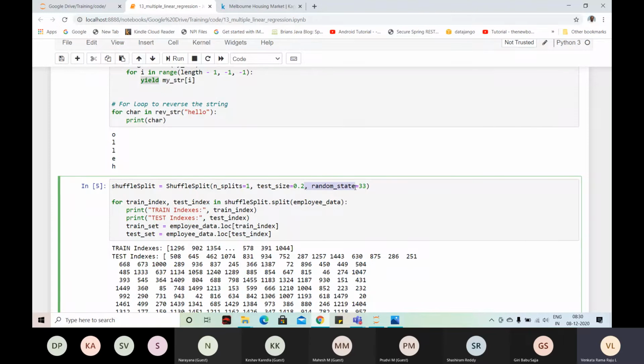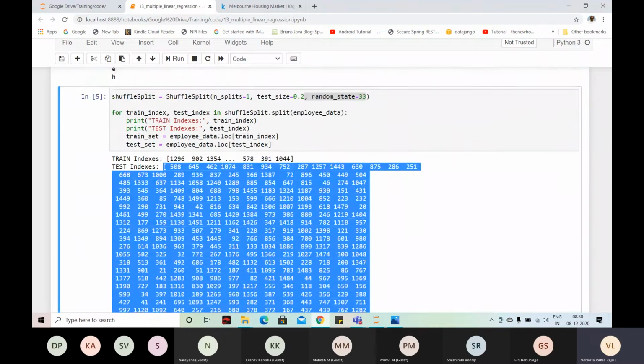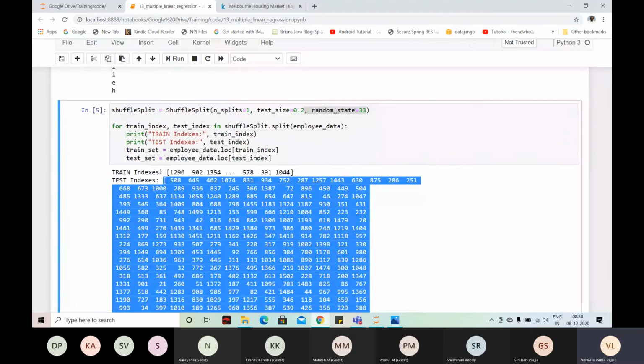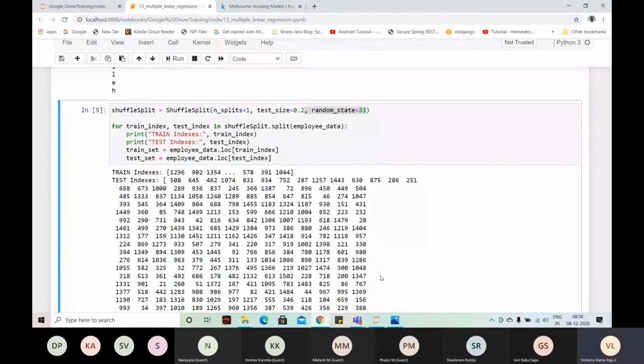If I don't set this seed, what will happen? First time you execute, you get a different train set, different test set. Second time you execute the code, you get a different train set, different test set. Getting it? If you don't set this seed, this random state, n number of times you execute, n number of different train sets, n number of shuffle splits will happen.